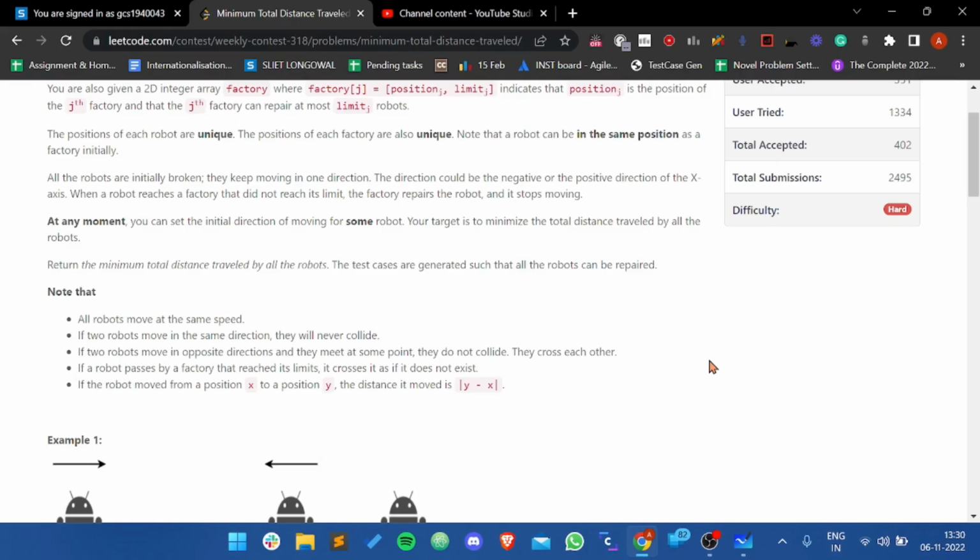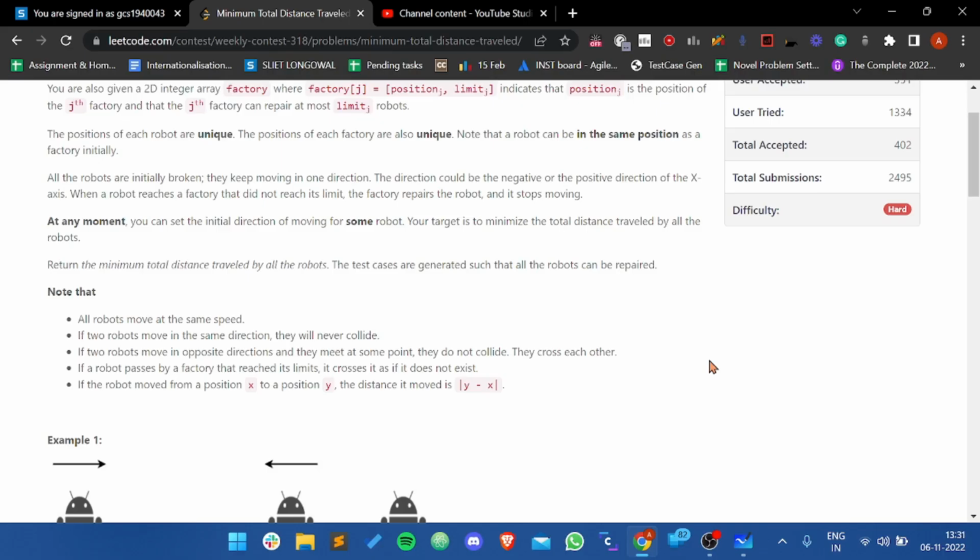Okay, now we have to do one thing. All the robots are initially in a broken condition, so we have to move all the robots to some factory and fix them. Now a robot can move only in one direction, either to the left on the x-axis or to the right, which is in our hand.